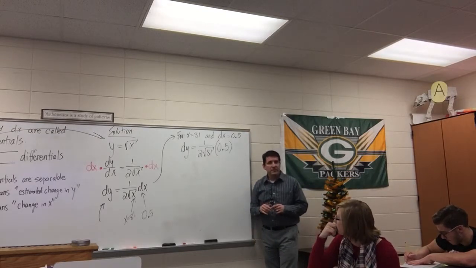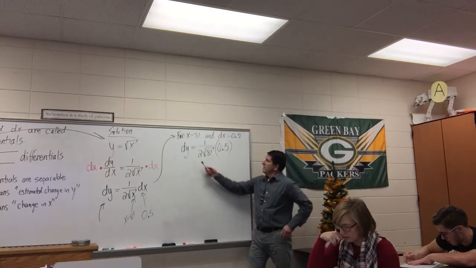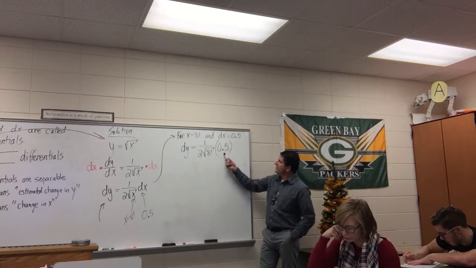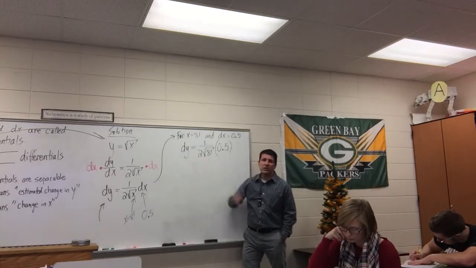This is where the numbers are going to start to look similar to what we just did. So if I change my x by 0.5, the y is going to change by this much.